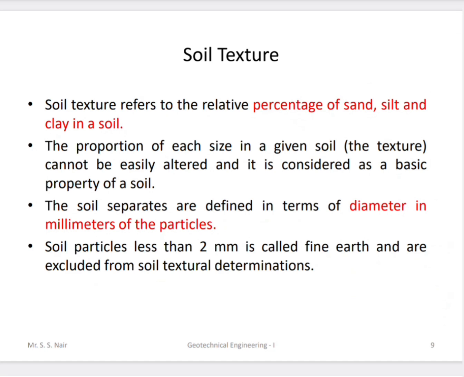Soil texture refers to the percentage of sand, silt and clay in the soil. The proportion of each size in a given soil cannot be easily altered and it is considered a basic property of soil. These soil separates are defined in terms of the diameter of a particle in millimeters, which we analyze by sieve analysis.